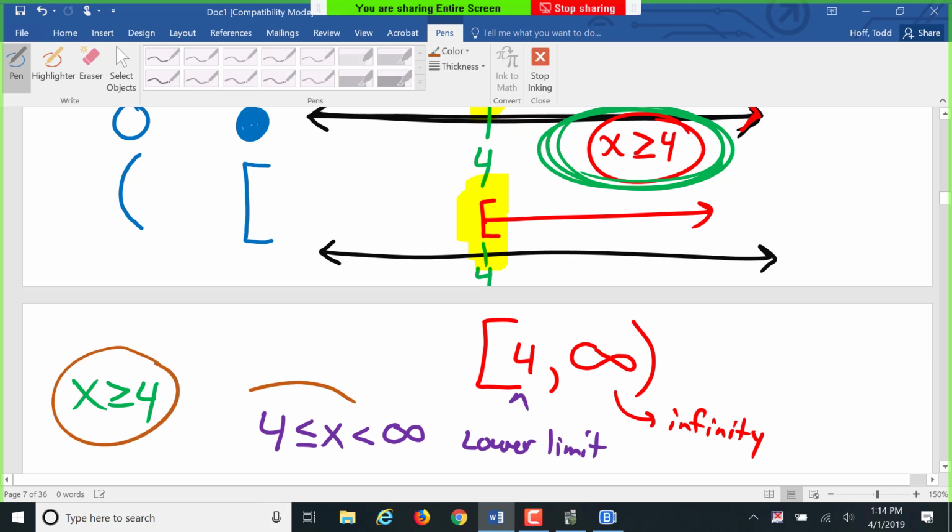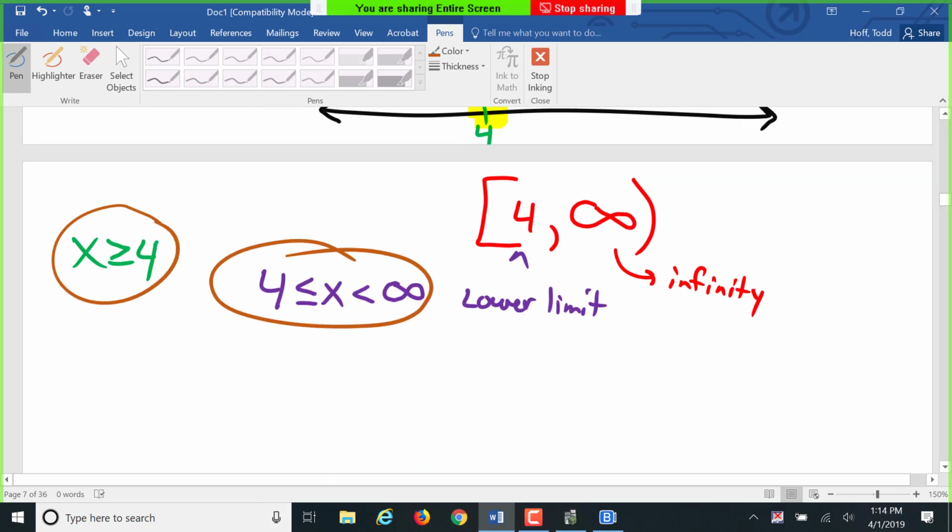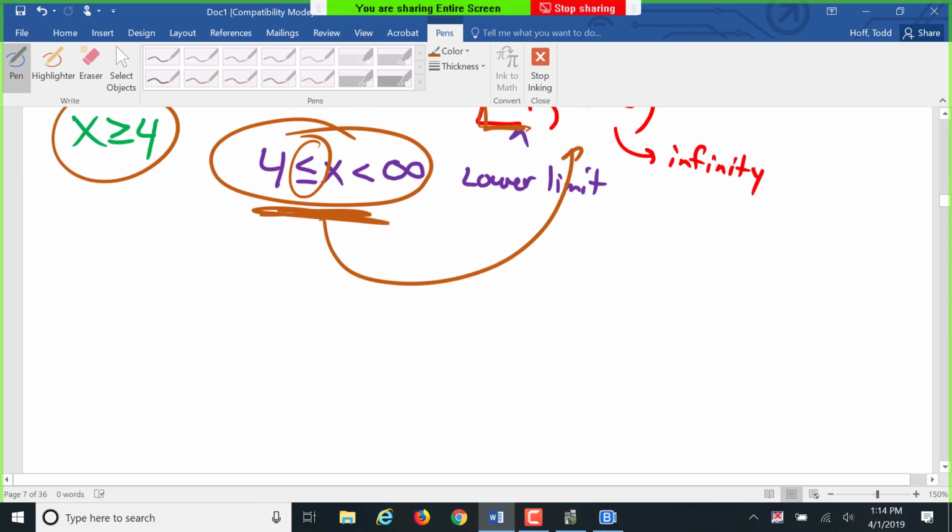So these two statements here, x is greater than or equal to 4, and 4 is less than or equal to x, which is less than infinity, say exactly the same thing. It is from this notation here that we create that interval. This is saying x is between 4 and infinity. This closed bracket is telling us that it's greater than or equal to.